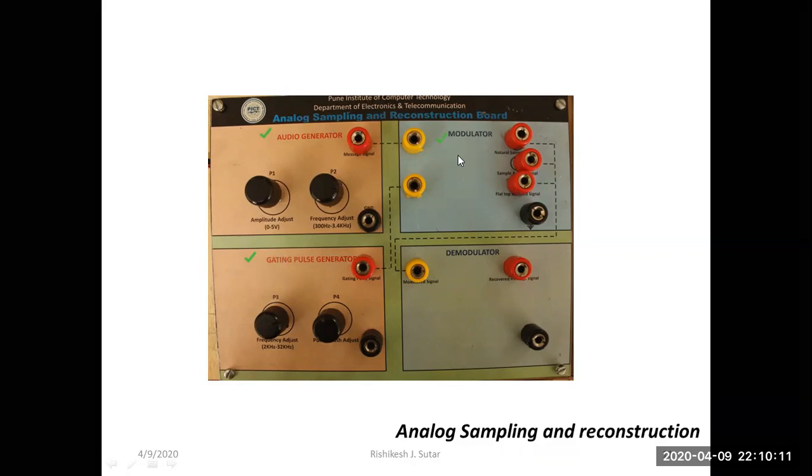The modulator block will do the modulation, that is, it gives out the natural sample signal, sample and hold signal, and flat top sample signal. And the demodulator block will demodulate the modulated signal, that is, it recovers the modulating signal from the sample signal.